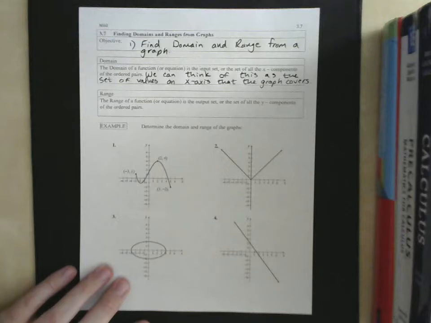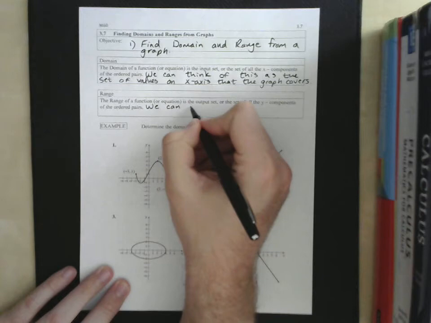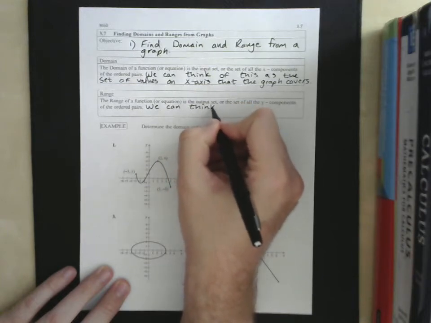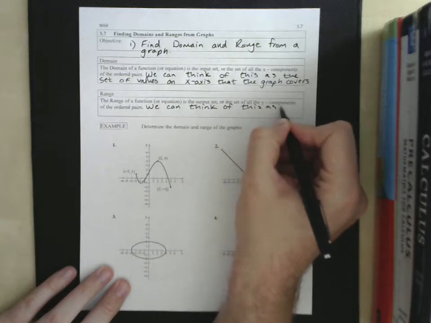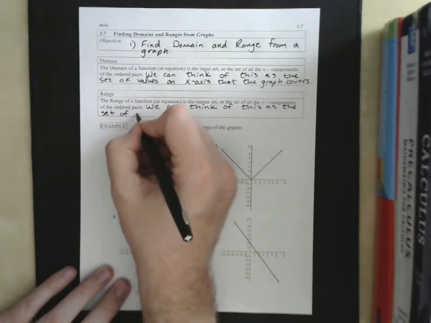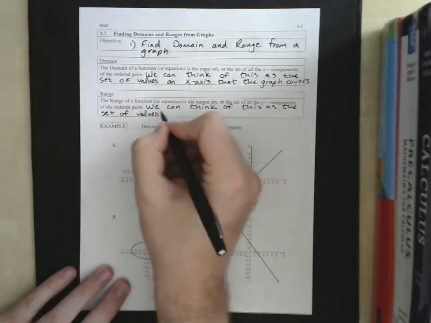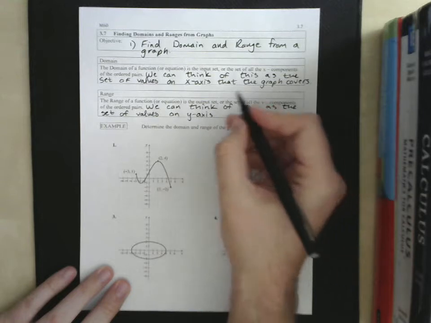For range, for a function or equation, it's the output set, or the set of all the y components of the ordered pairs. And so we can think of this as the set of values on the y-axis that the graph covers.